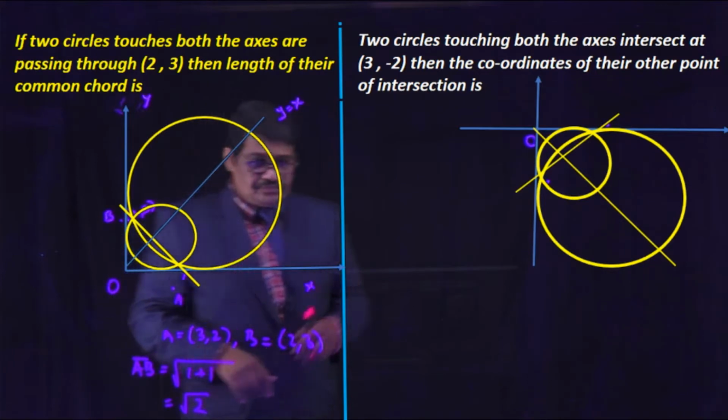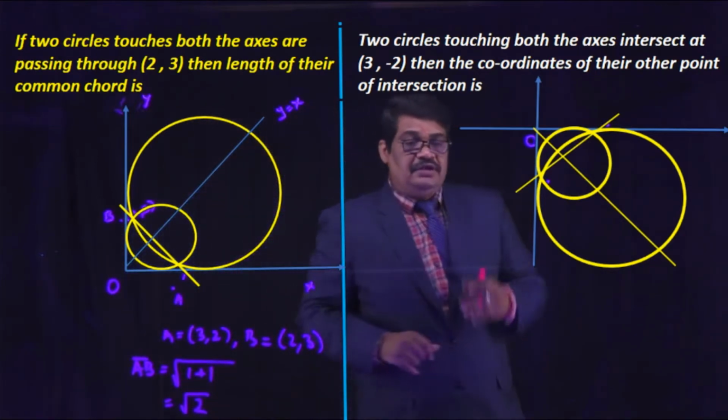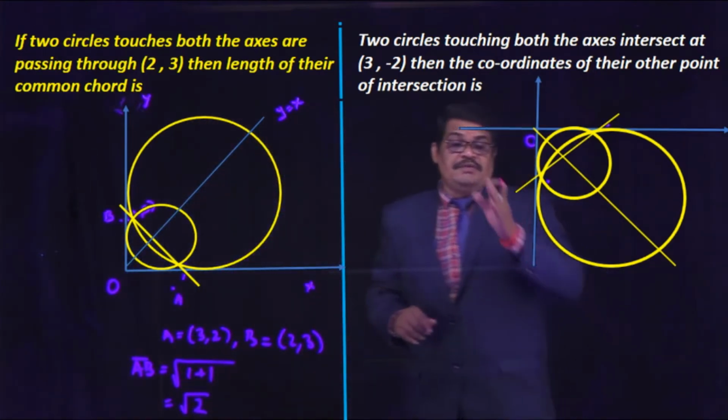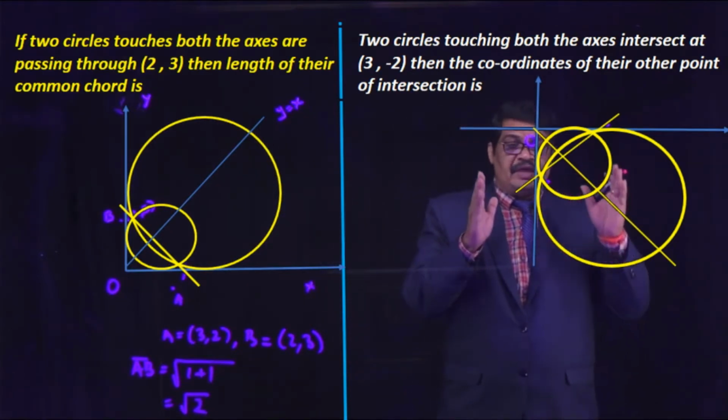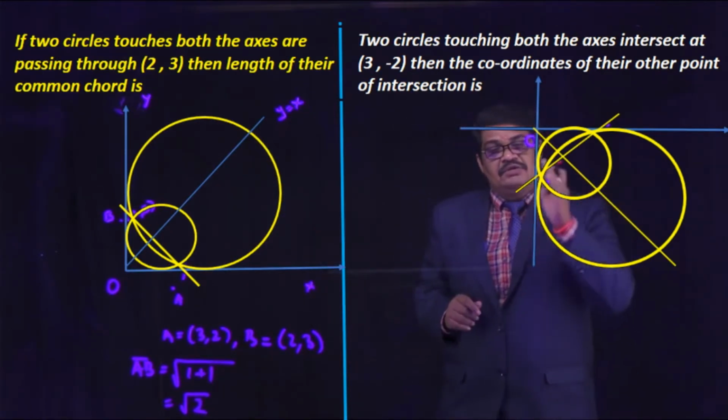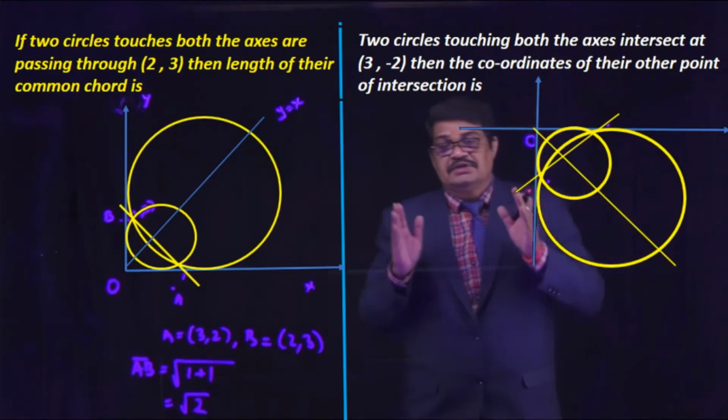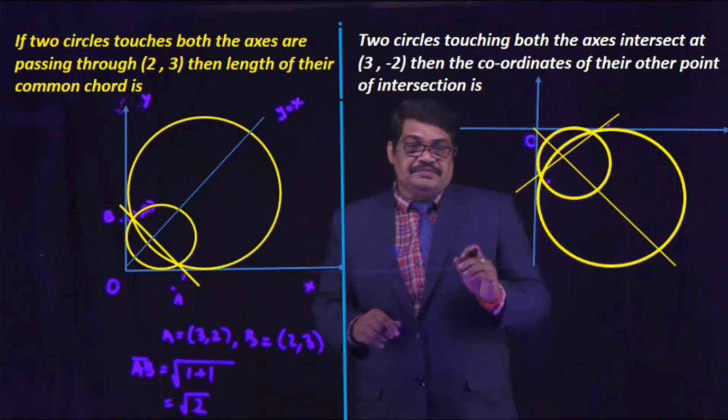Next, see another problem. Here also the two given circles touch both the axes.